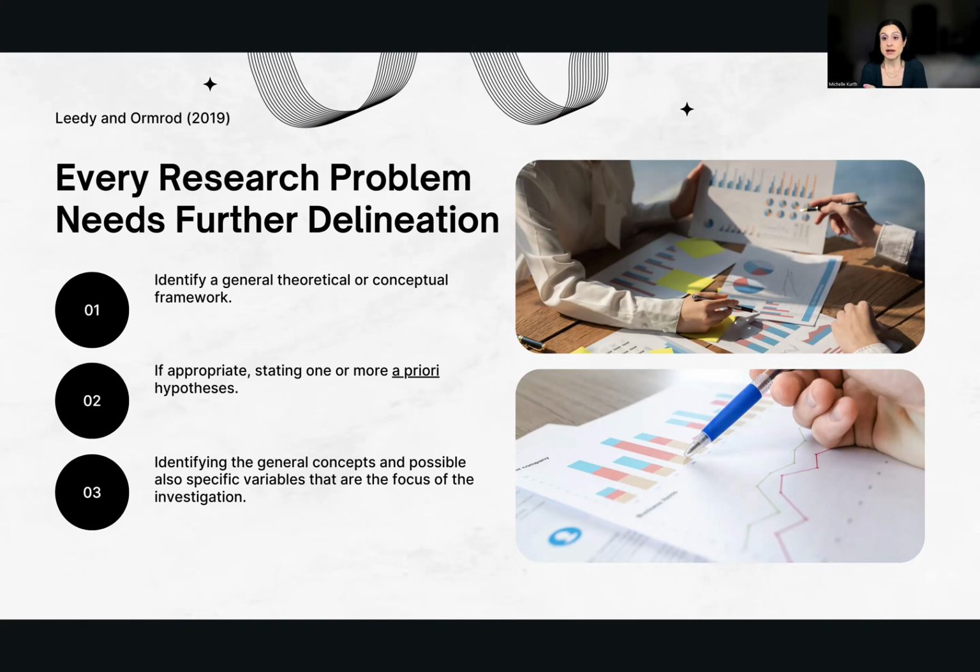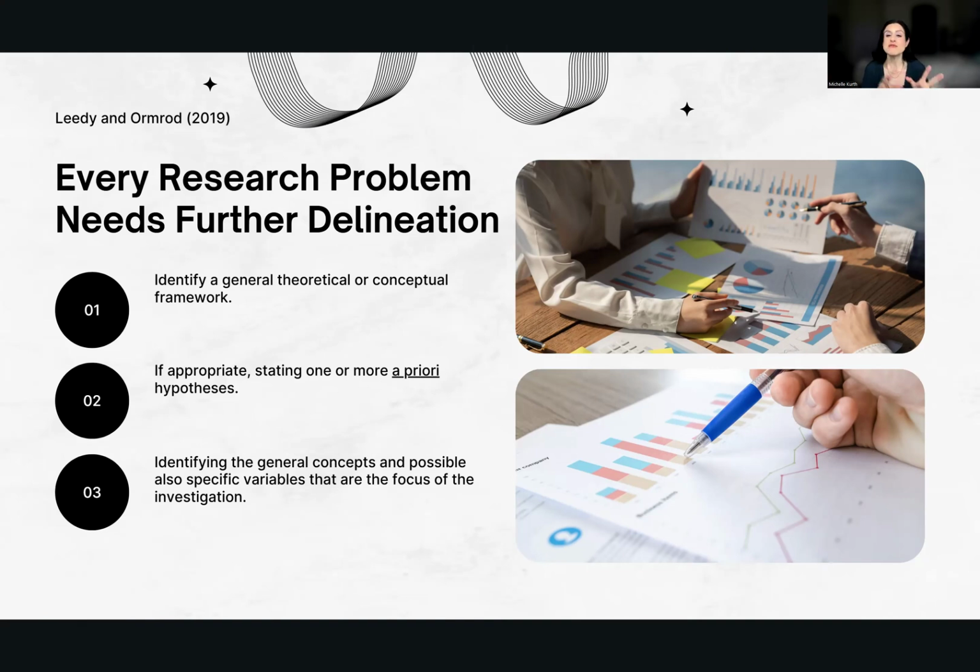If it's appropriate, you need to then state one or more a priori hypotheses. Now, anytime you want to conduct a research study, you want to come up with what your hypothesis is. And I mentioned in the last video, it's almost like pre-registering your hypothesis.